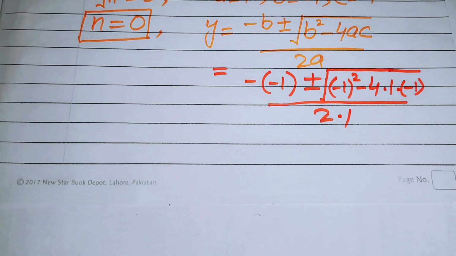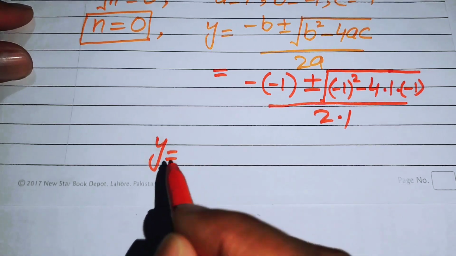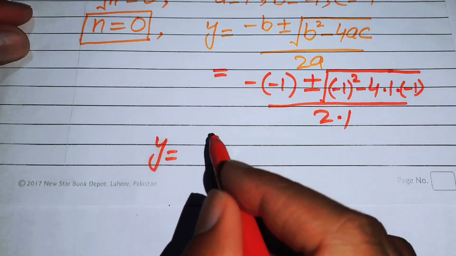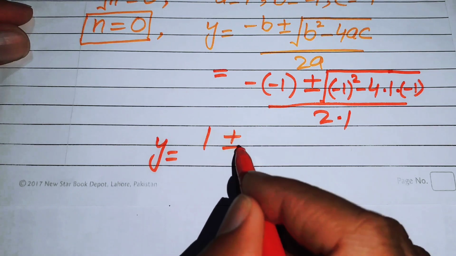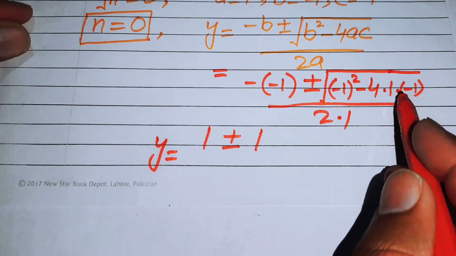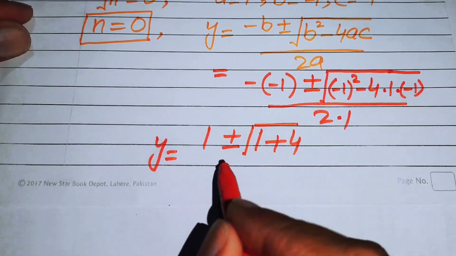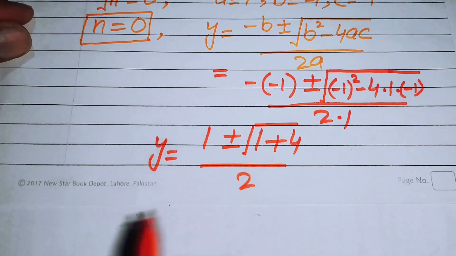Now we simplify the terms. Minus times minus equals plus 1, plus or minus minus 1 squared equals plus 1, and minus times minus equals plus 4, all under the square root, over 2.